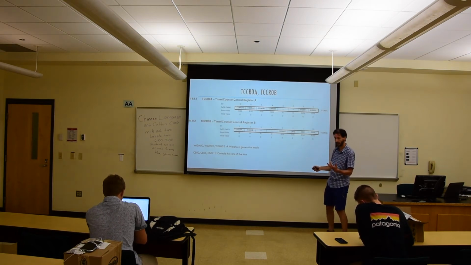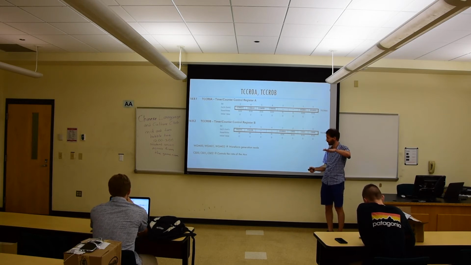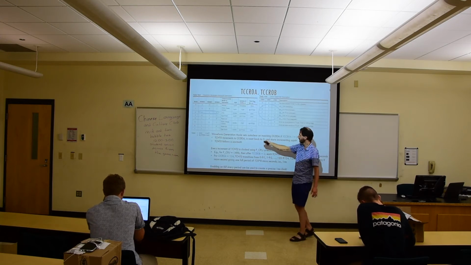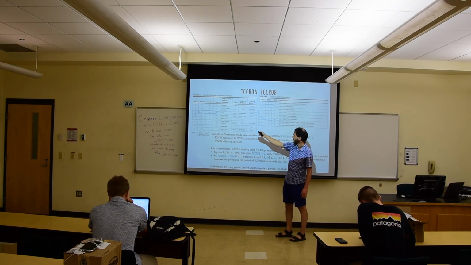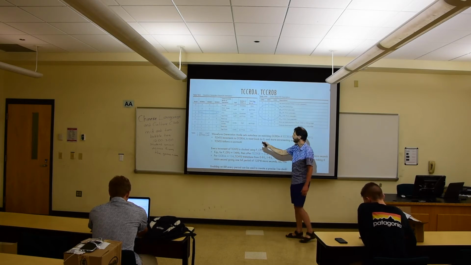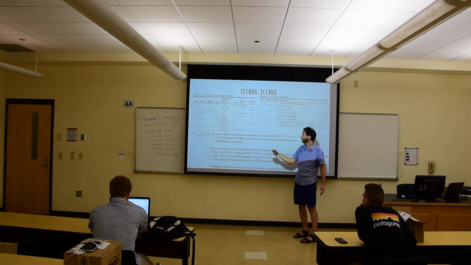It controls which clock signal will push through to increment the TCNT0 counter, and at what rate that will happen. So here are those two tables. Definitely look at the datasheet to see how that all works. Now here you see what kind of waveforms you may have. There's a whole bunch of choices. Right now we're only talking about this particular one. When we talk about PWM, we will talk about some other possibilities.